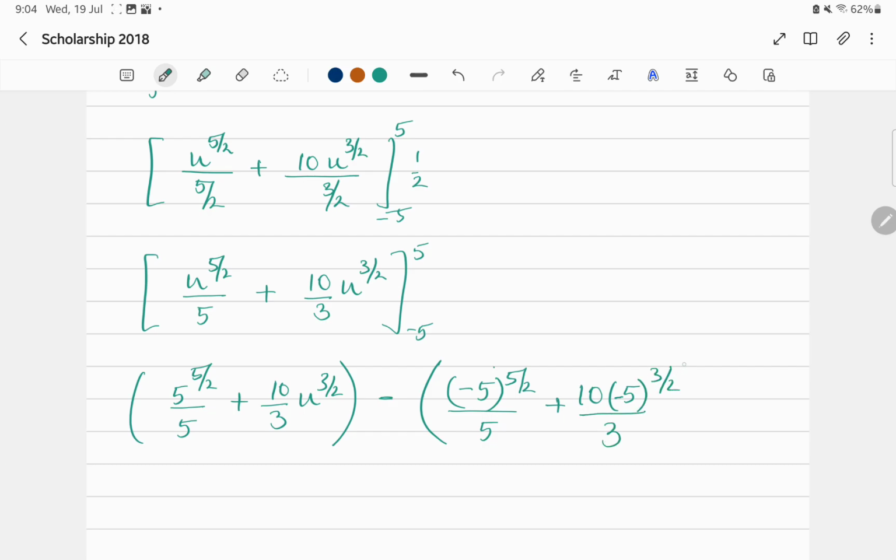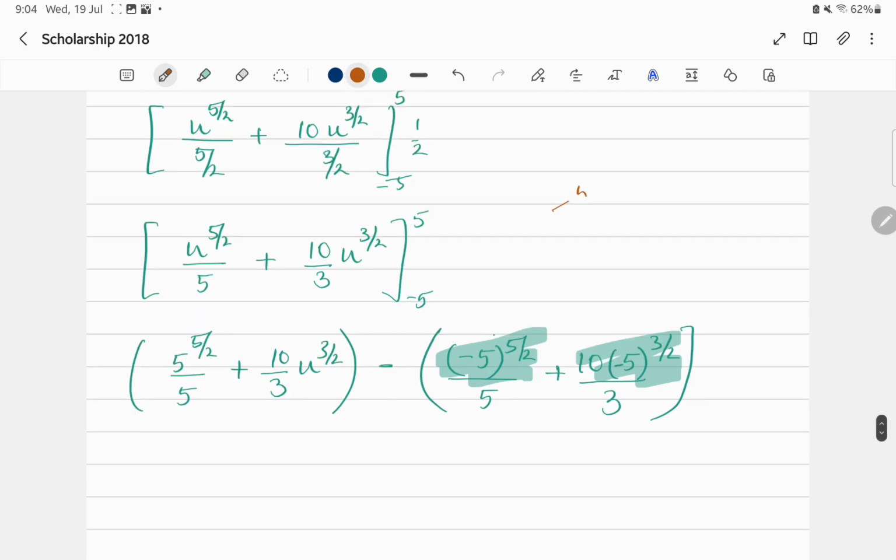And it should start ringing a bell from now on. This one, or even this one, is minus 5 to the power of 5 over 2. That means it is minus 5 to the power of 5 and then the square root of that. So we are doing the square root of a negative number, which will give you an imaginary number.